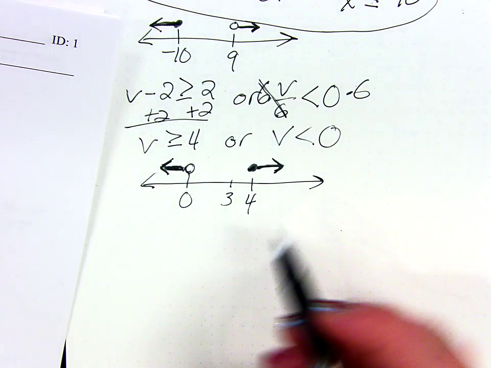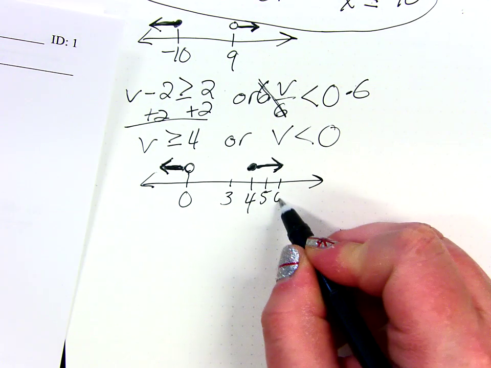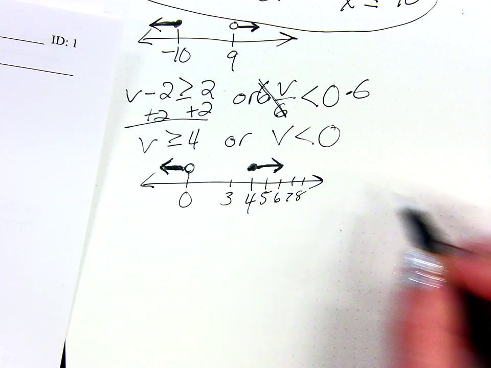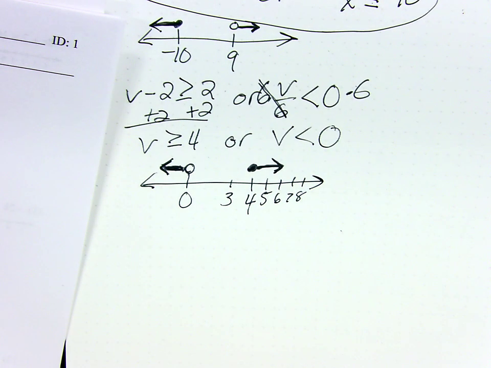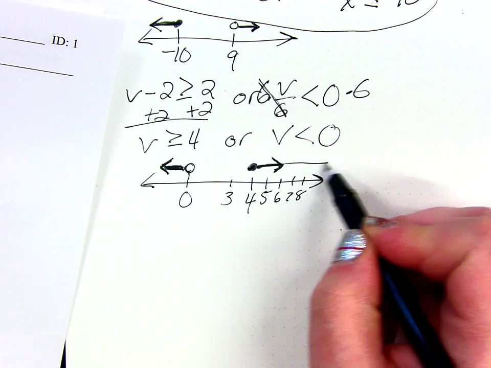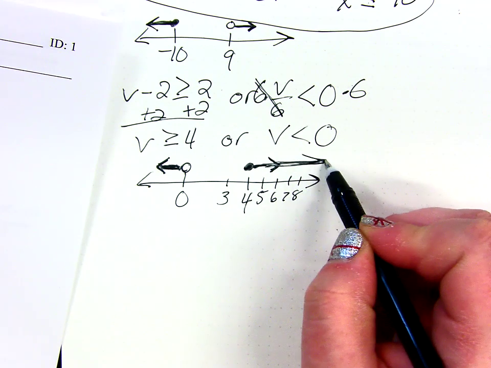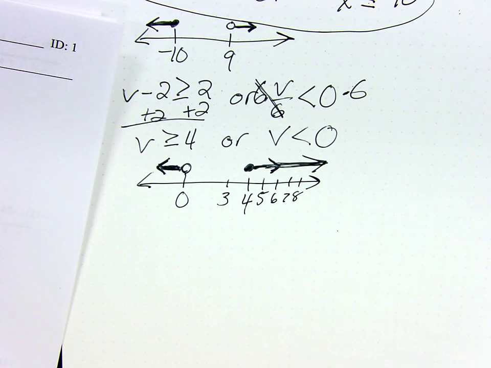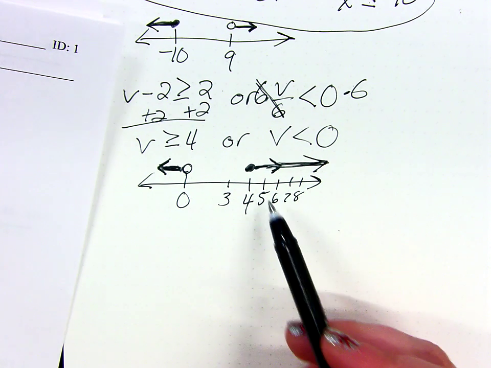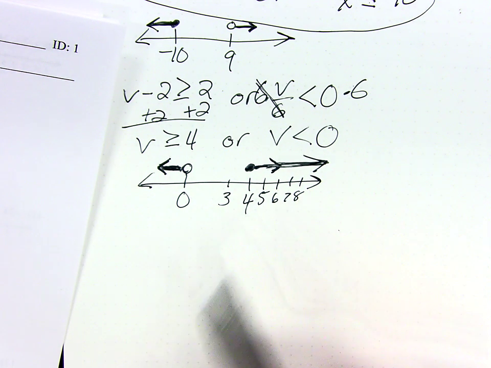Because the arrow goes on forever, that includes 5, 6, 7, 8, and so on to infinity. So every single number in the whole wide world greater than 4, you can't possibly write them all, but you can very easily represent them in a picture. That's why we bother with the graph. Does that make sense? Yes.